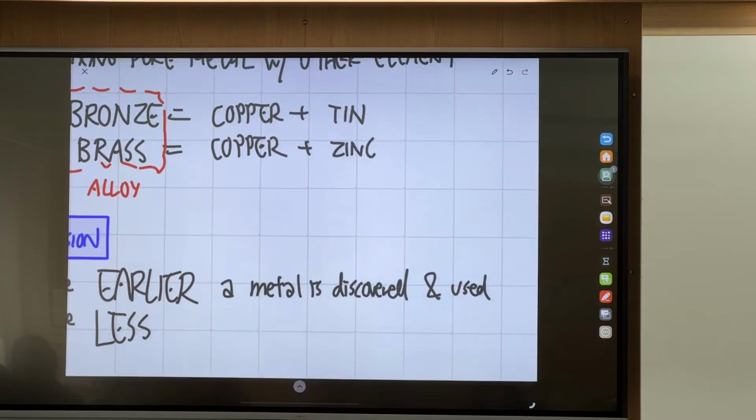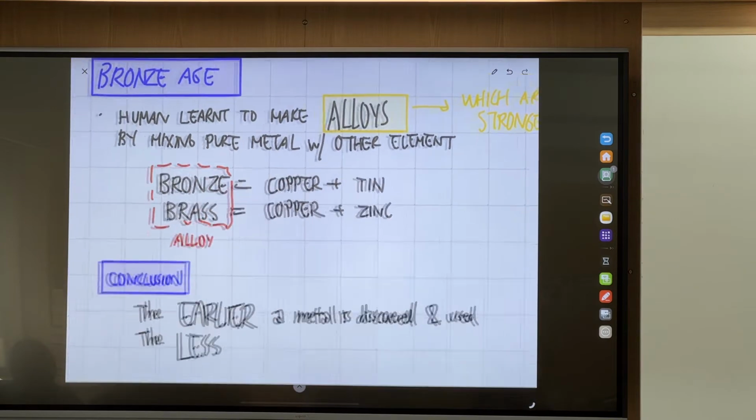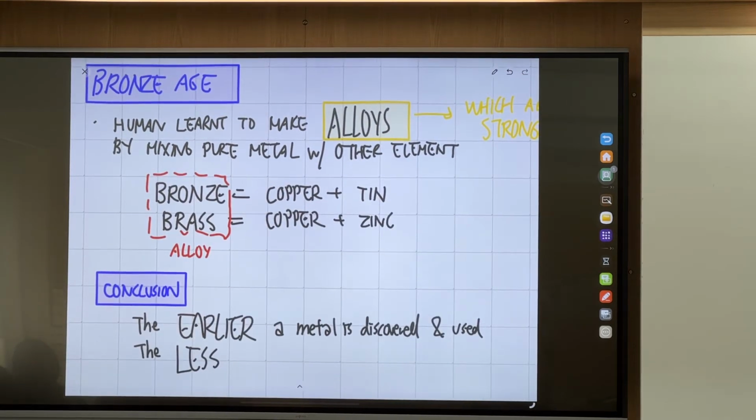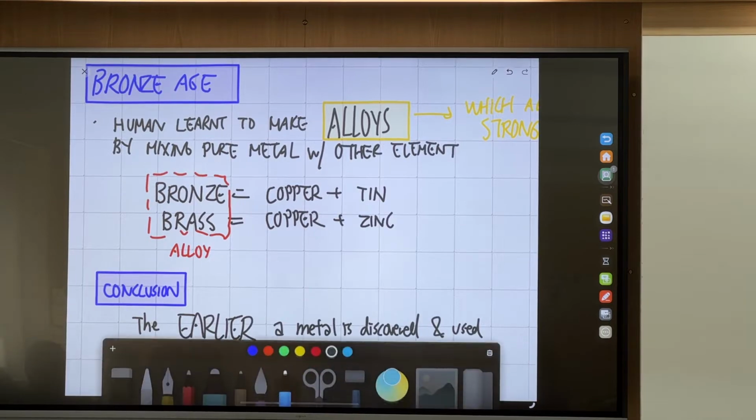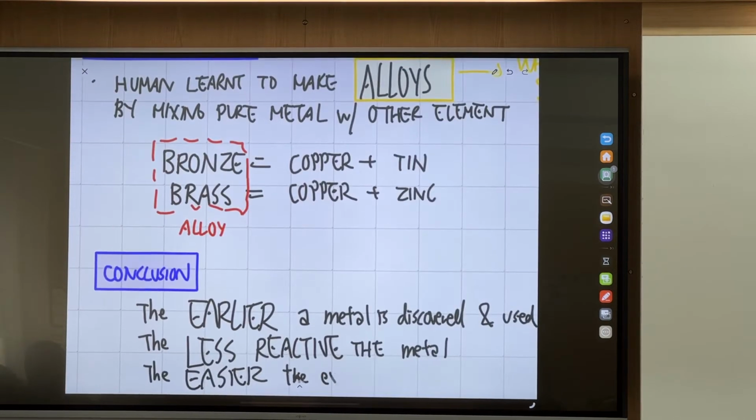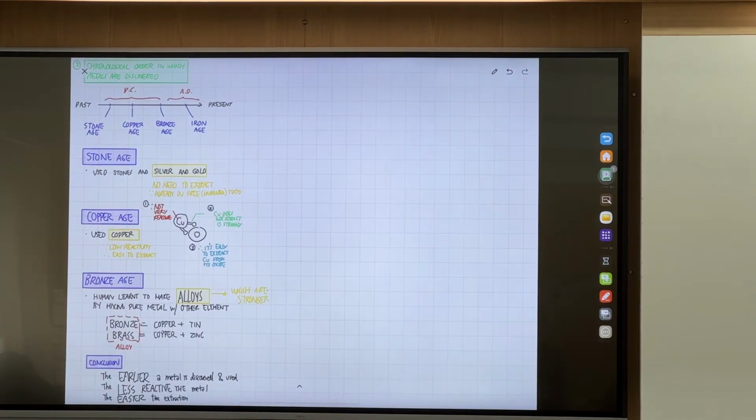Because we only have limited technology at the beginning, we can only extract very unreactive metals, but not the very reactive ones. So the less reactive the metal, the easier the extraction.